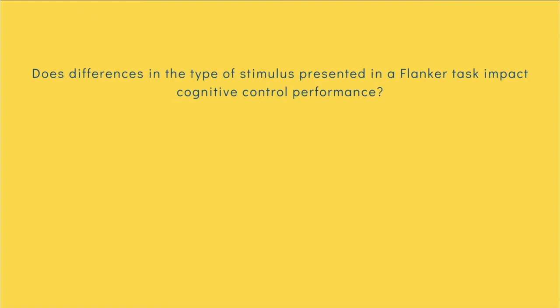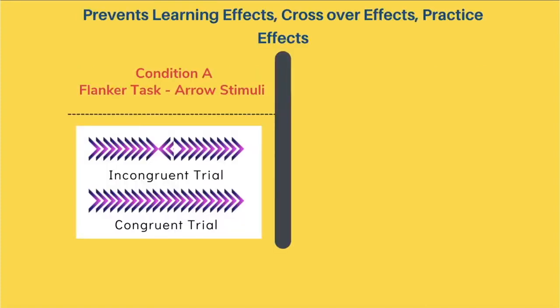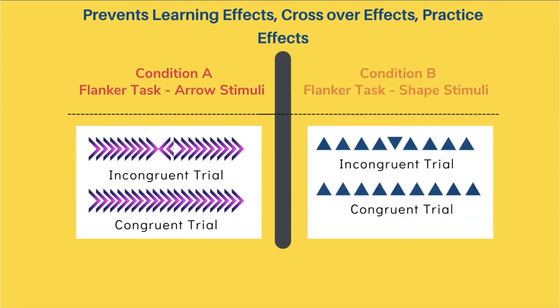Imagine in condition A, you present the participants with arrow stimuli, and in condition B of this study, you present the participants with shape stimuli, such as triangles. You do this across both congruent and incongruent trials in both condition A and condition B.